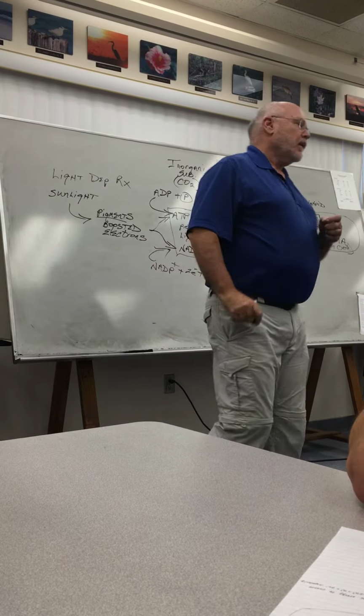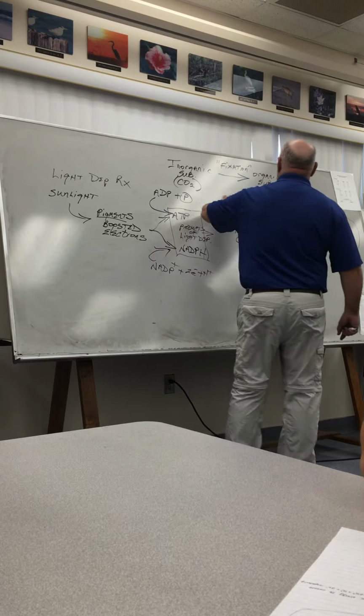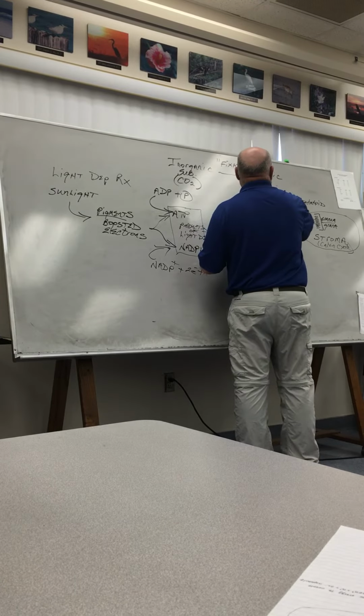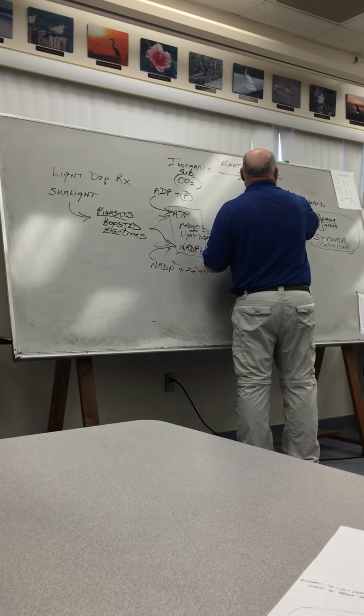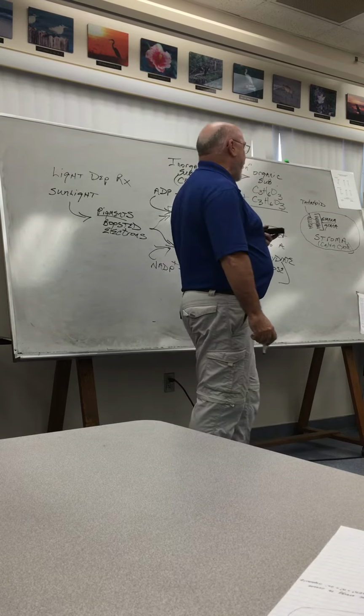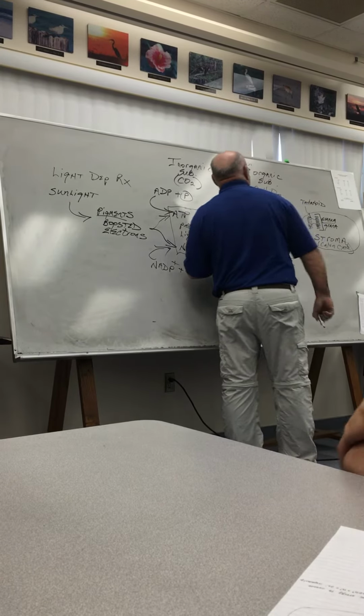C3H6O3. And if you take two of those and bond those two together, even though this isn't showing how it happens, what you will get out of those two is C6H12O6.